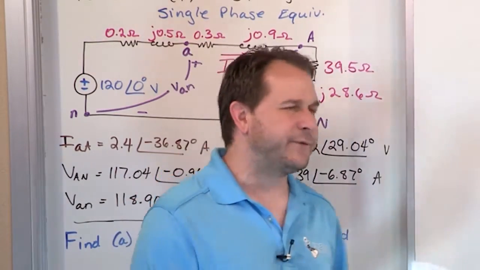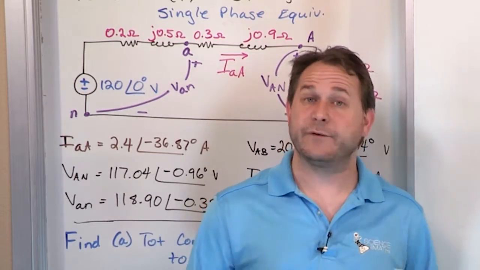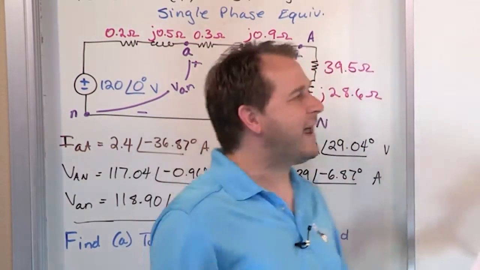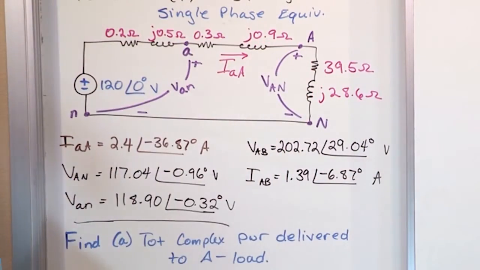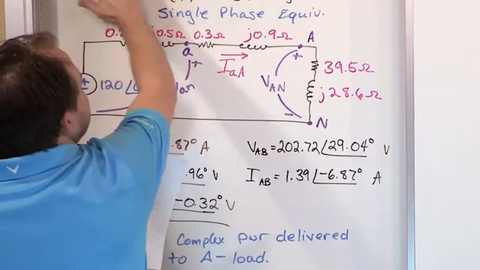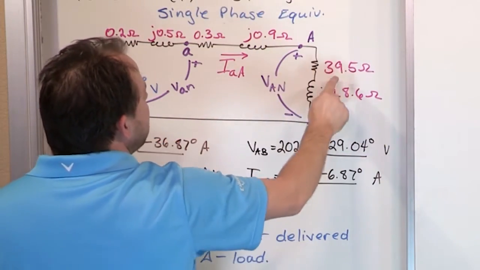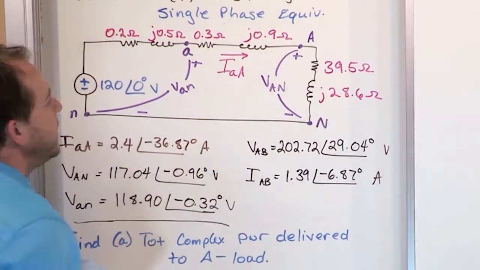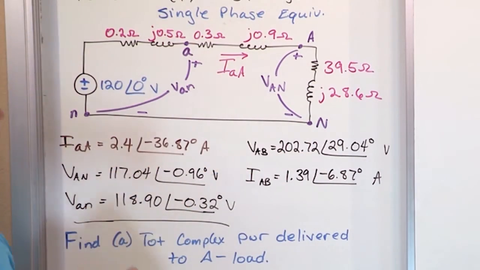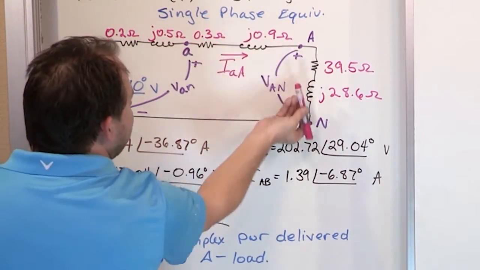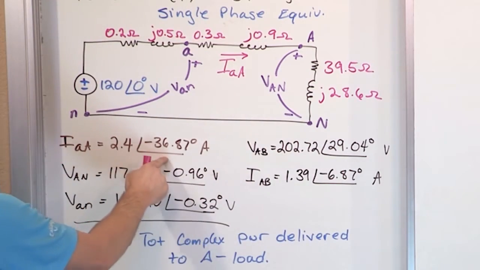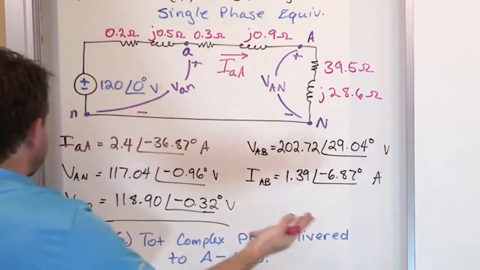So pretend for a second we don't have a delta load. Pretend this problem was a Y load. If I just asked you to calculate the total complex power delivered to the Y load, and I didn't give you any of this stuff up here, I just said, here's the Y load, here's one leg of it, the A phase, find the total complex power. Well, then you would say, I know the current I_AA going through this leg, that's given by this. V_AN is the voltage across, I'm given this.